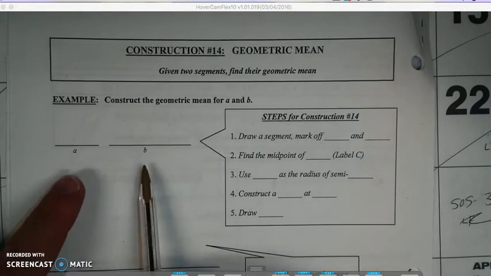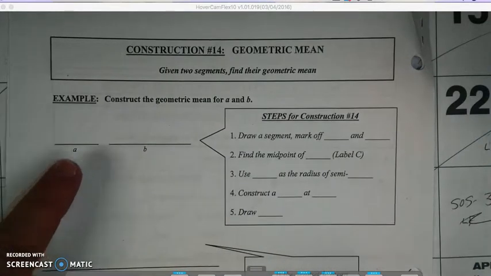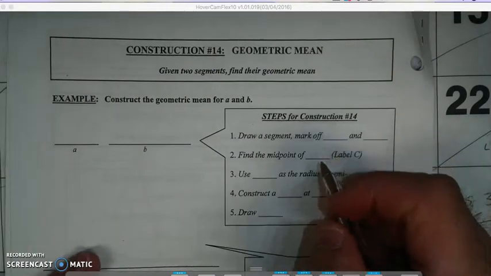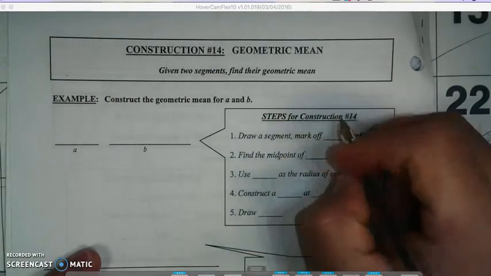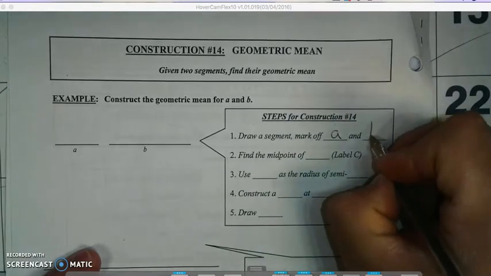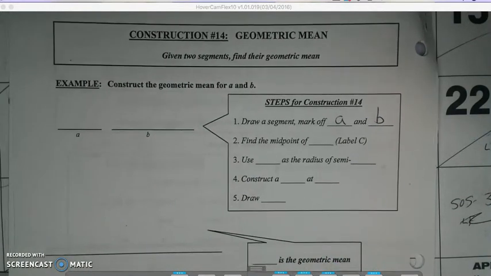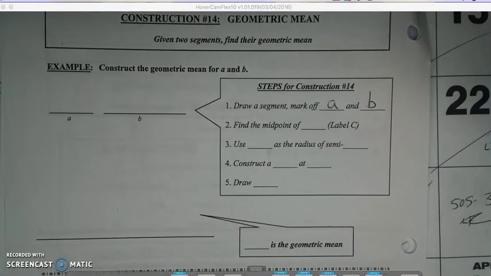They give us segment A and segment B, and we're going to try to find the geometric mean between these two things. The first thing we're going to do is draw a segment and mark off A and B. It's already on there, you see the segment down below. We're going to use this segment and mark off A and B on it.